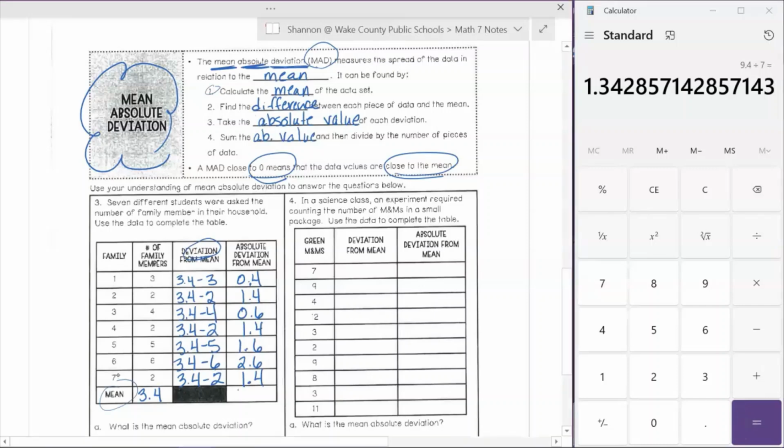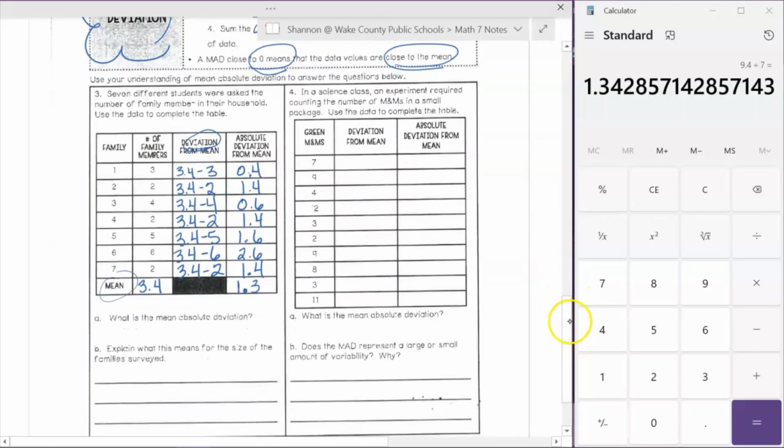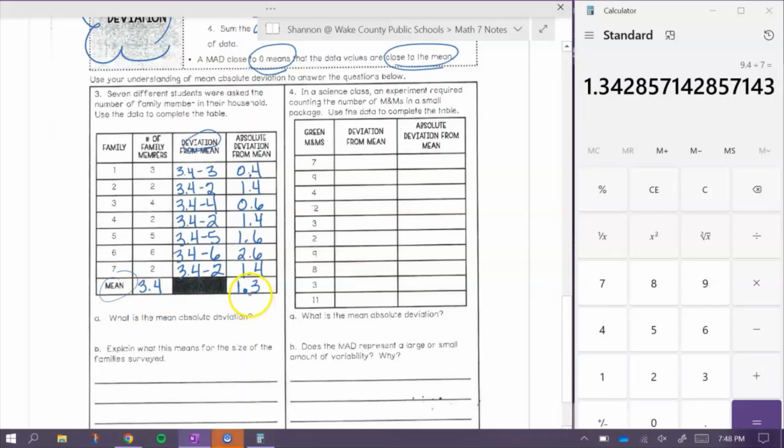We get about 1.3. So what that tells us is the mean number of family members is 3.4, and each family on average is about 1.3 people off of that, which isn't really big. 1.3 is a pretty small one. So our mean absolute deviation is 1.3.